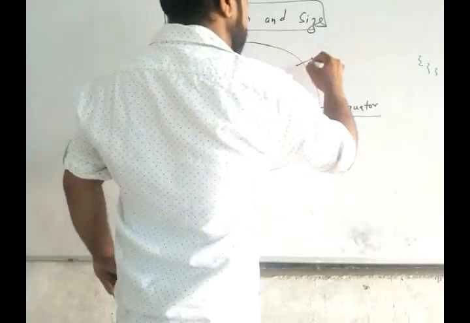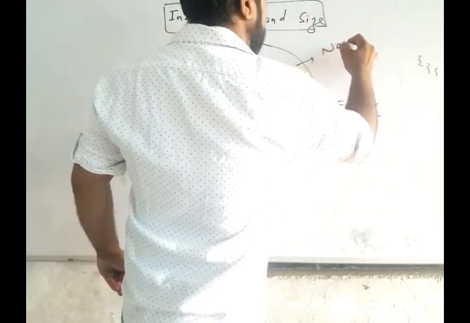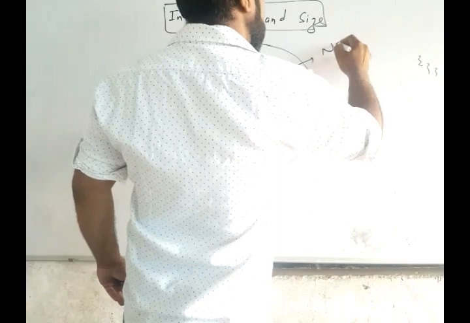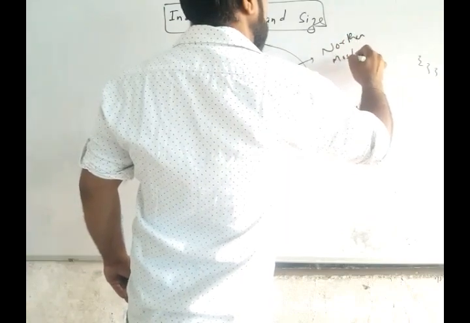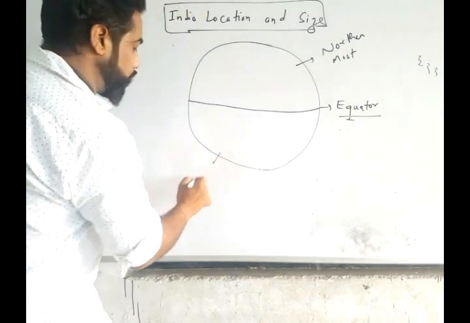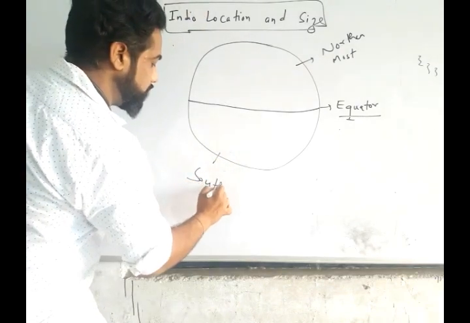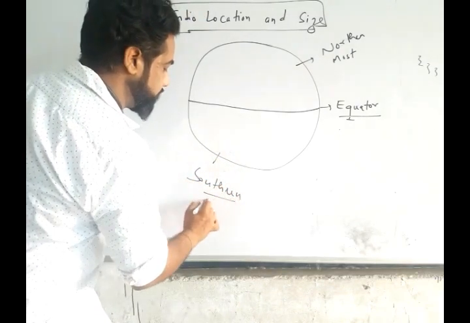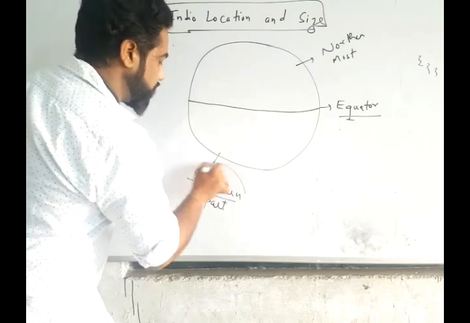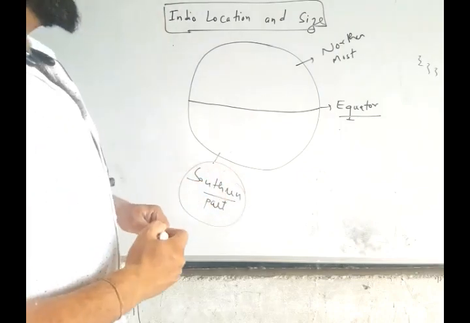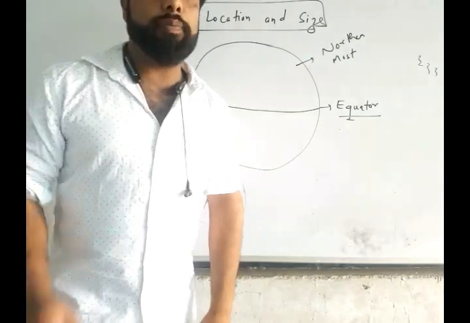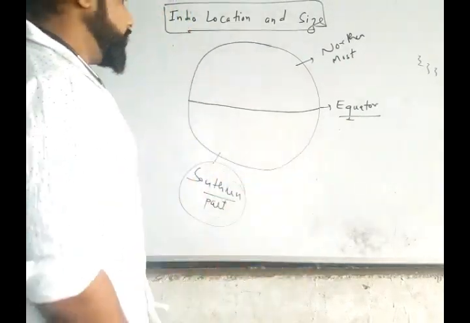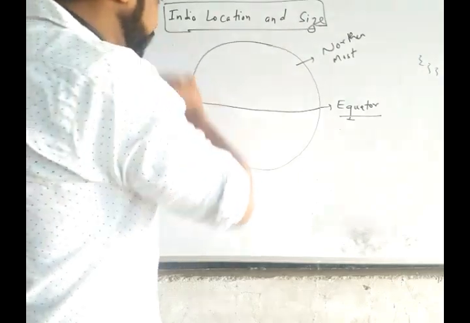One is northernmost and this is the southern part. There are two parts, the northernmost part and the southern part. Very important.